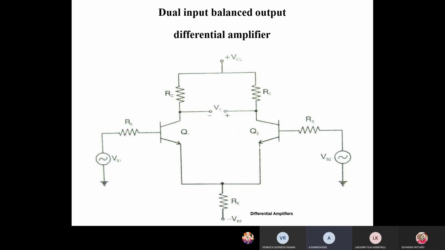We have V1 and V2 inputs at the Q1 transistor and Q2 transistor. We have the collector resistors and the common emitter resistor. Balanced means we take the output in between the 2 collectors of these 2 transistors. Whenever we take the output between the 2 collectors, we can call it a balanced differential amplifier. That is the meaning of dual input.